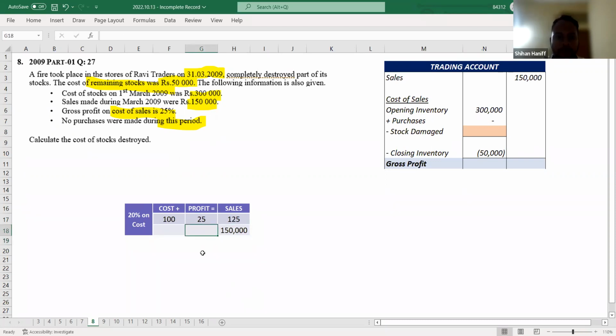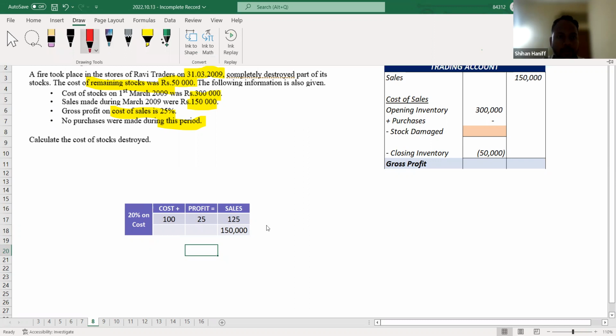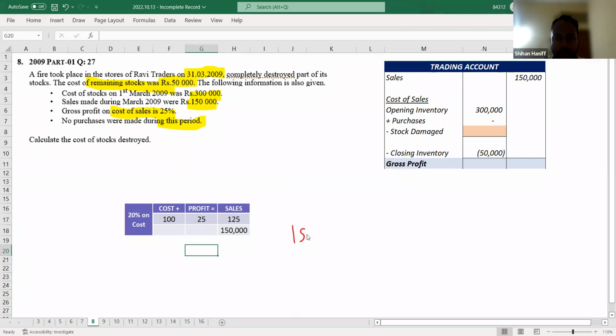Then we can find out the profit. Profit is 150 divided by 125 into 25.